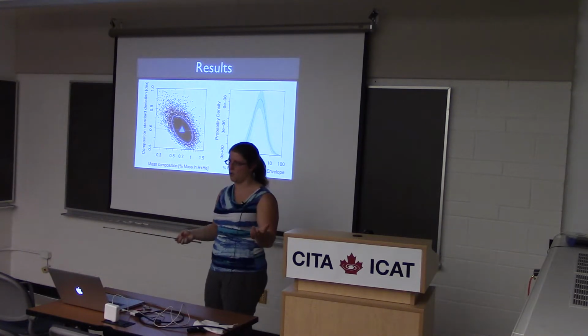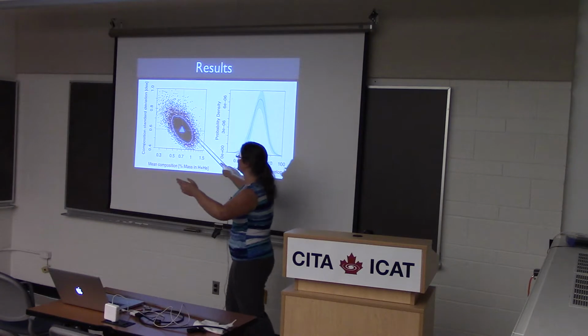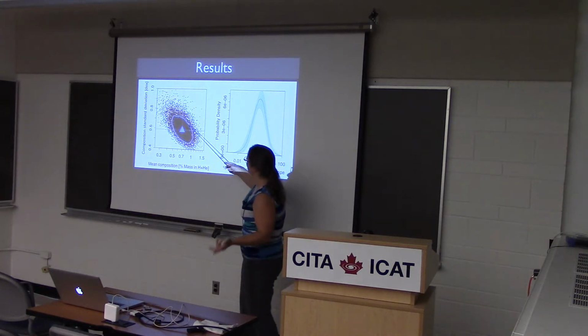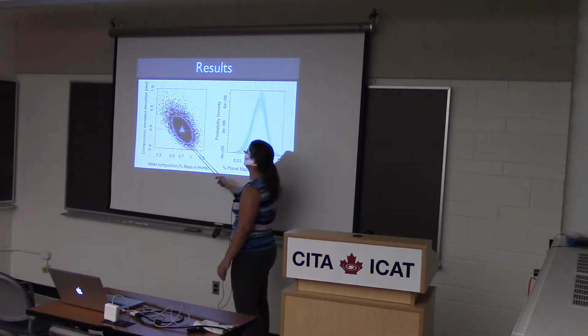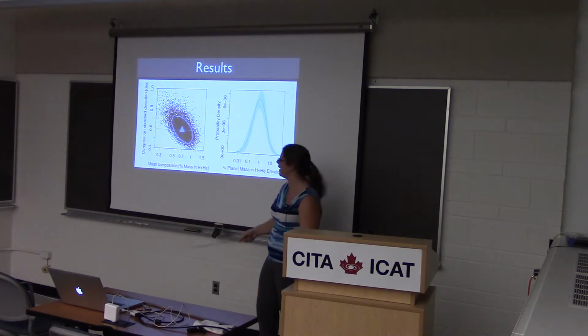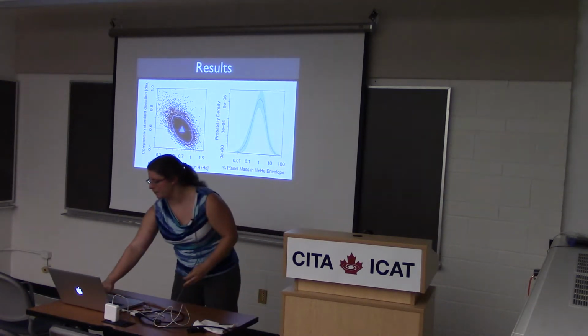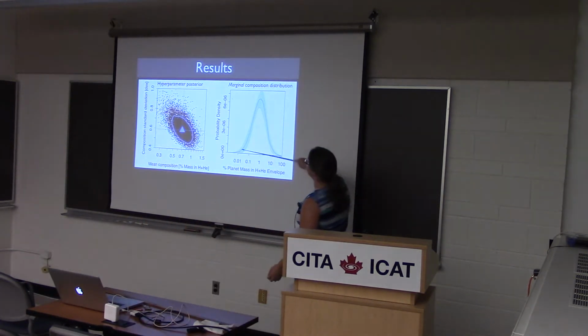So we assumed a log-normal distribution. This is the posterior samples, all right? This might not necessarily be that helpful if you want to actually know what the distribution looks like. So if you marginalize over all of this, then what you get out is this composition distribution, all right?